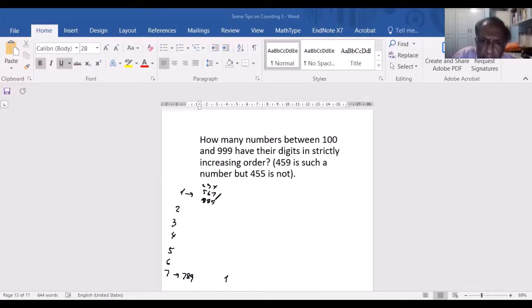Now, if you choose any 2 of these numbers, you can get a strictly increasing number. For instance, if I choose 7 and 6, then I can write 167, but 176 will be out. So if I choose any 2 of these, I get exactly one number, which will be an increasing number.